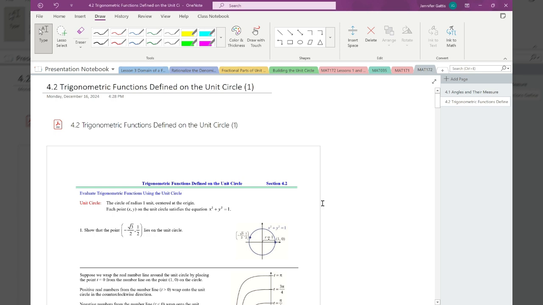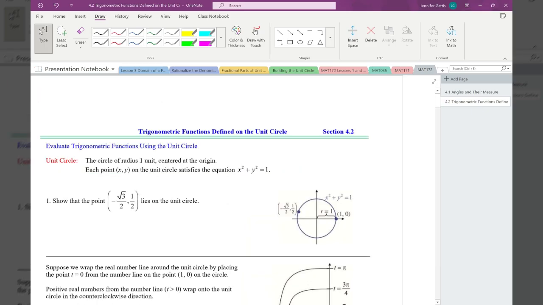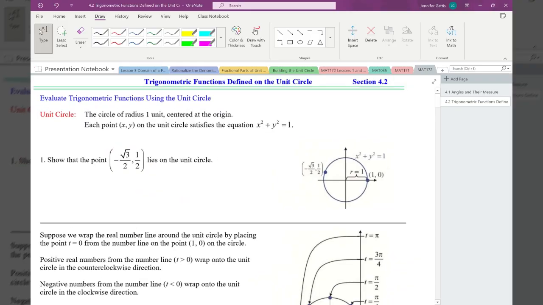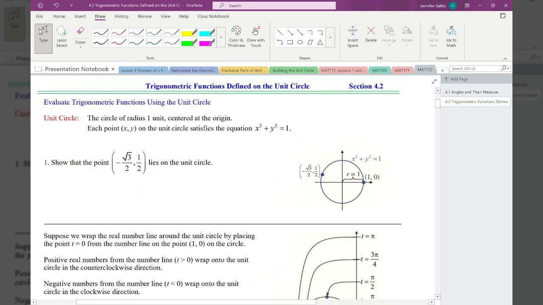This is 4.2. We are going to be working on trig functions as they are defined on the unit circle. All right. So first of all, we need to do some definitions here. The unit circle is a circle with a radius of 1 that is centered at the origin.